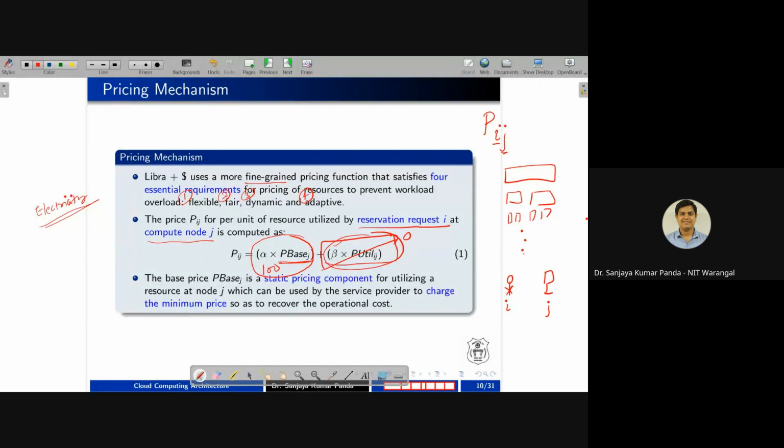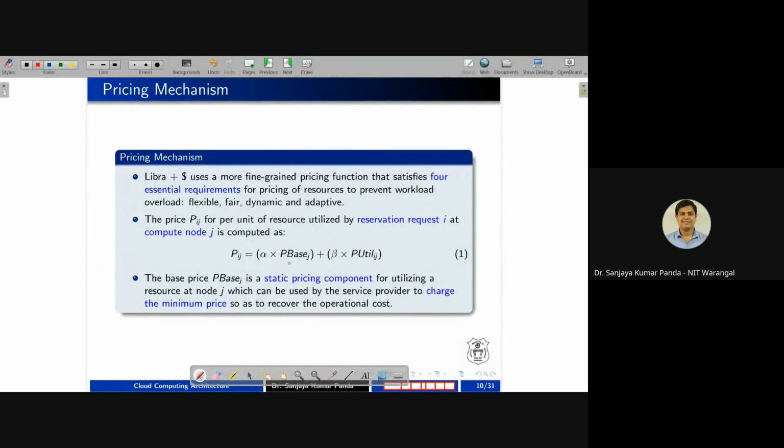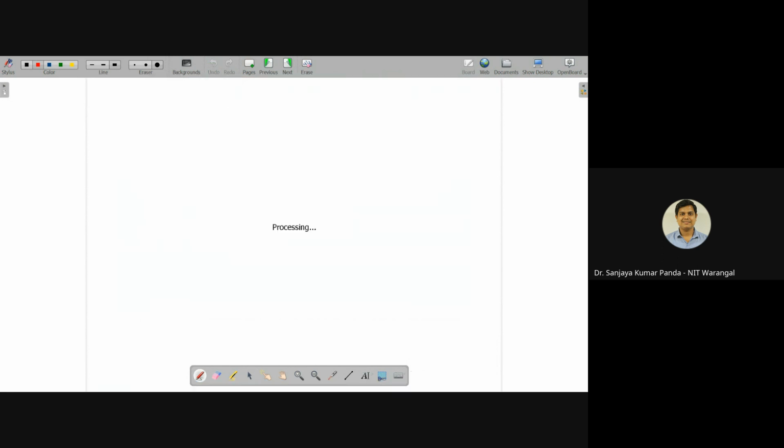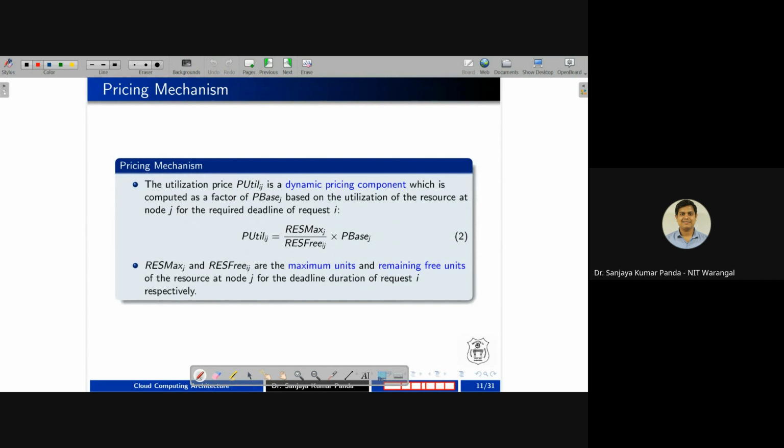So how to estimate this price? As I said, P base is a static pricing component. So nothing to worry. It is 100 rupees or 200 rupees, that is fixed. Everybody has to pay. But the second price is based upon the utilization. So we need to calculate the utilization to decide what the cost is here, right? So let us see how to calculate P util.